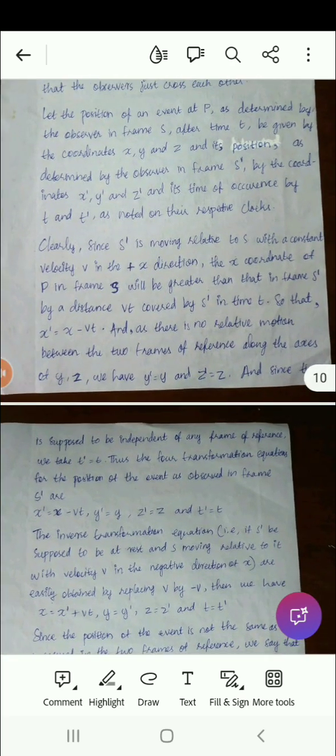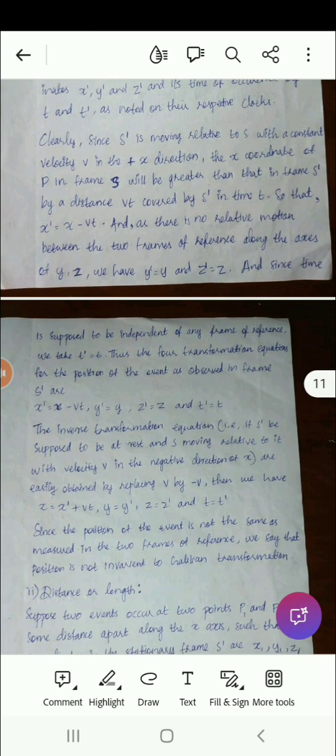Yeah, so we can say x dash is equal to x minus vt, and as there is no relative motion between the two frames of reference along the other axes, y and z, we have y dash is equal to y, and z dash is equal to z, and in Newtonian mechanics we consider time as absolute.